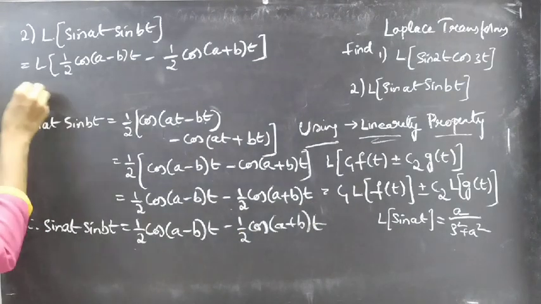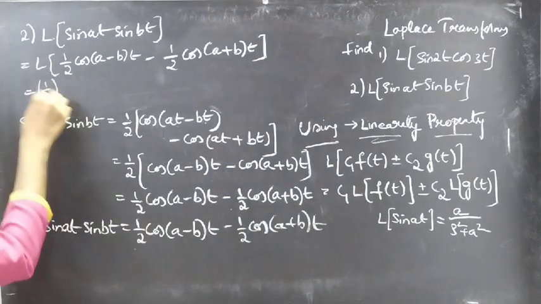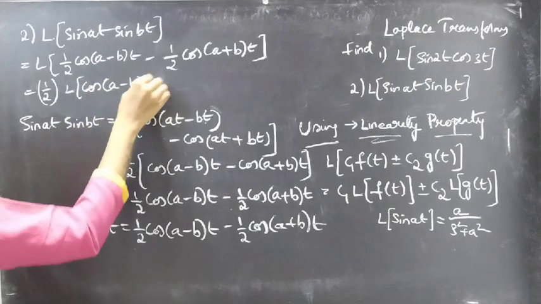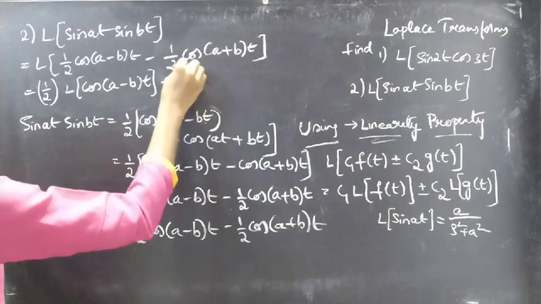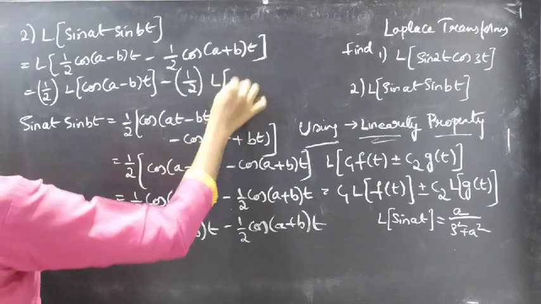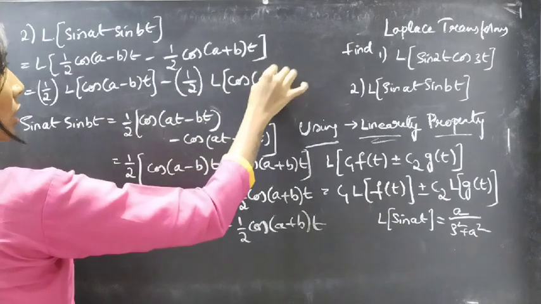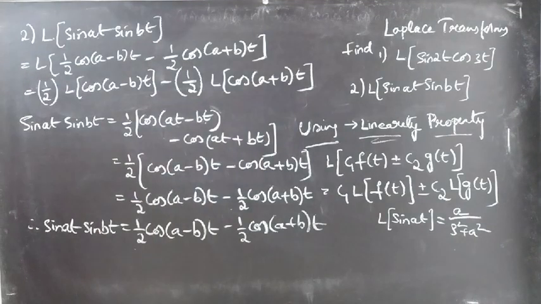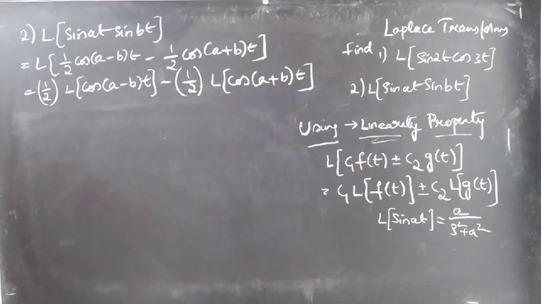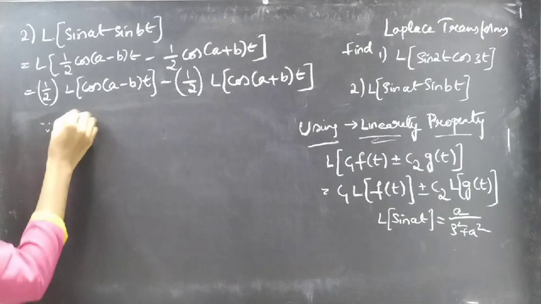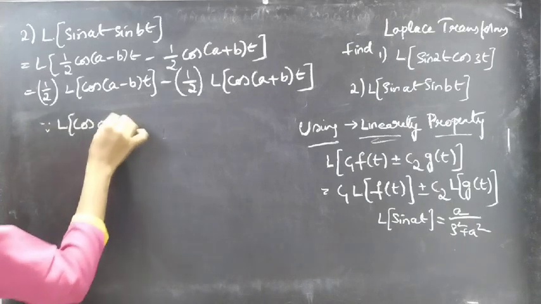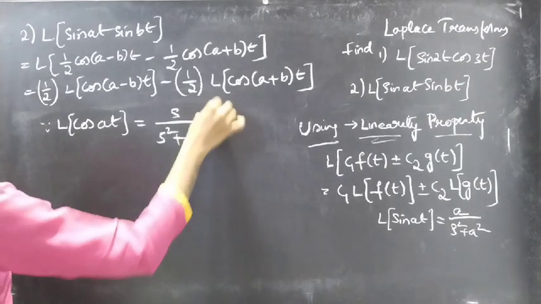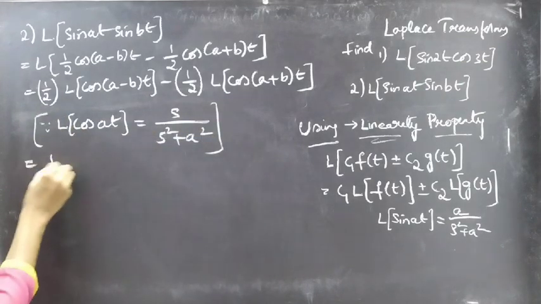Then you'll get constant into L of function of t minus constant into L of another function of t, right? Since we know that L of cos at equals s by s square plus a square, now we are going to apply this formula.